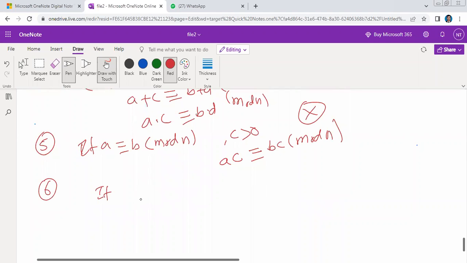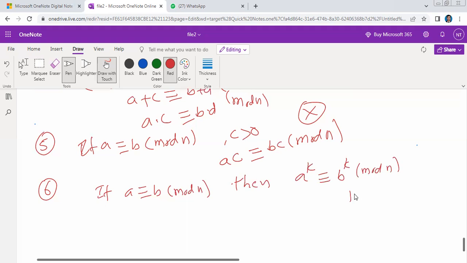Sixth one, if A congruent to B modulo n, then A to the power of K congruent to B power K modulo n, where K is any natural number, K equal to 1, 2, 3 like that. మనందరికి తెలుసు దీన్ని ప్రూవ్ చేయడం.